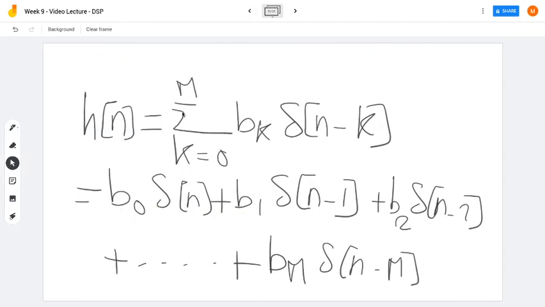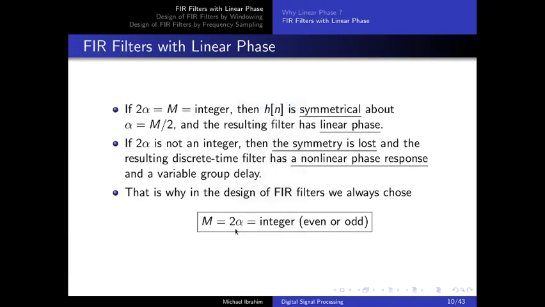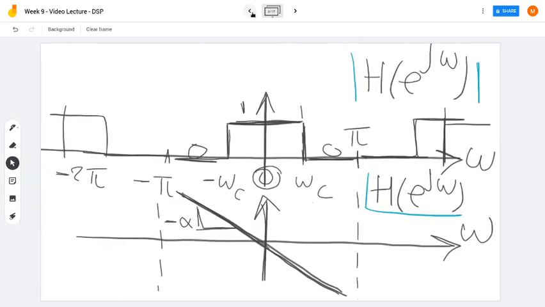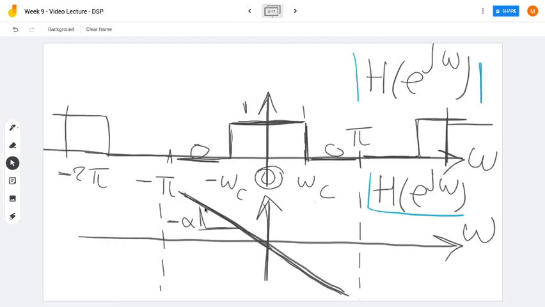This is the value of m we need to find. So finding this value of m, it's simply m should be equal to 2 alpha. And what's alpha? If you remember, alpha is the slope of the phase over here. So this slope will determine the value of alpha, and m should be 2 alpha.